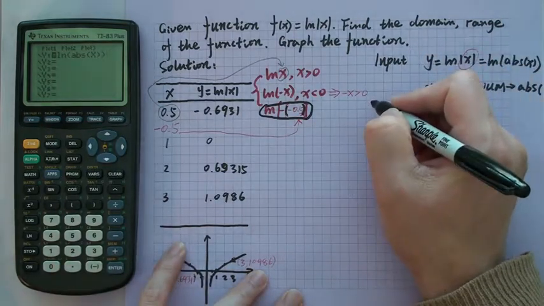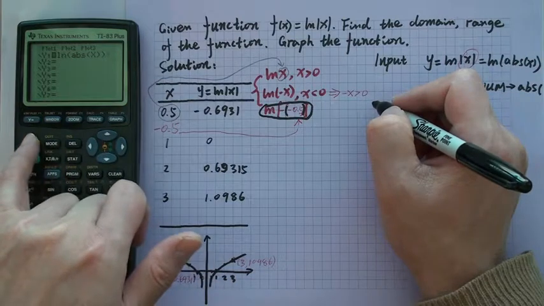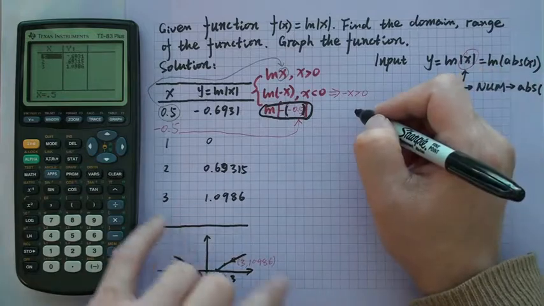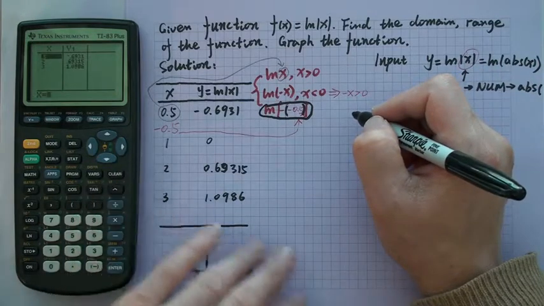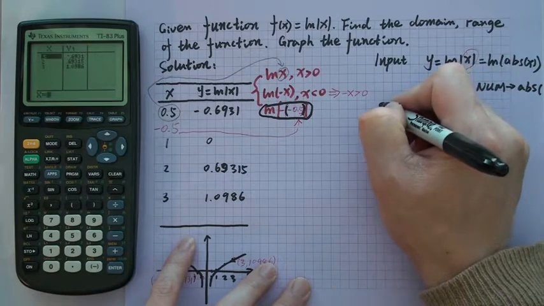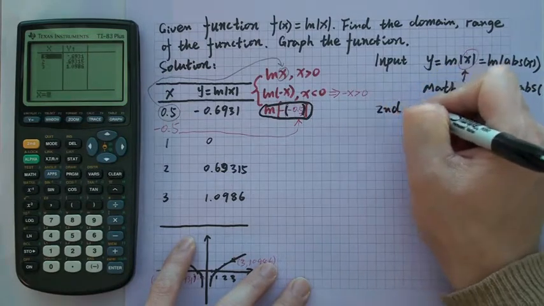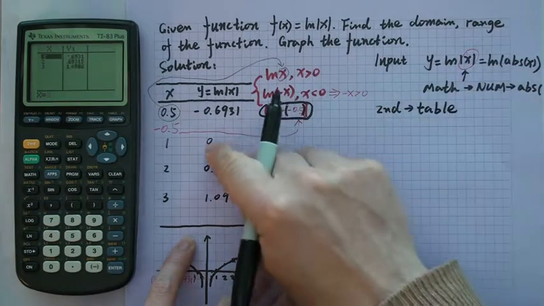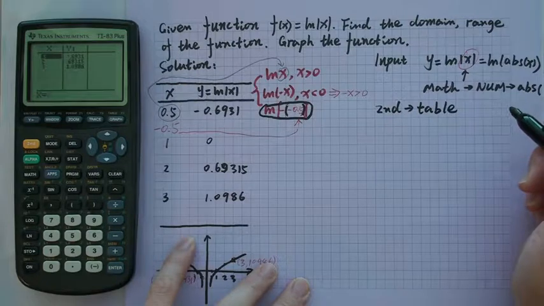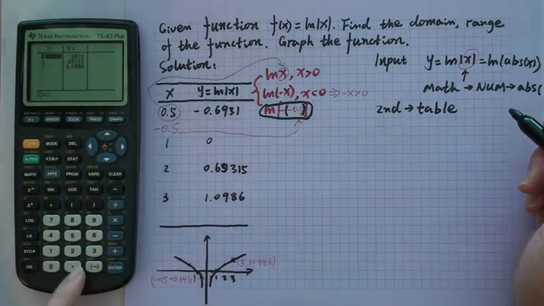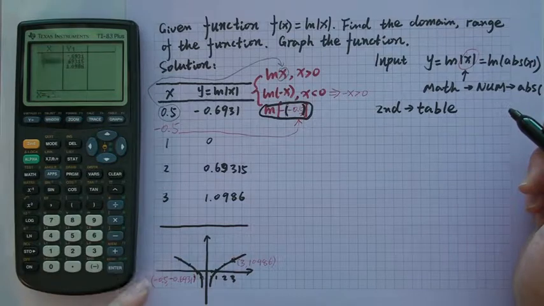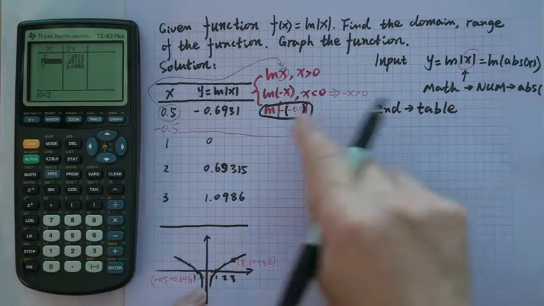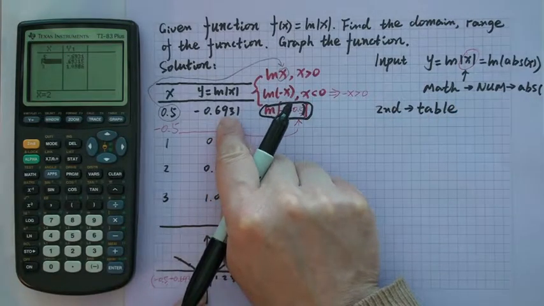You go to second, table. Then this one shows up. Then you can input 0.5, and it shows the answer here, which is negative 0.6931.